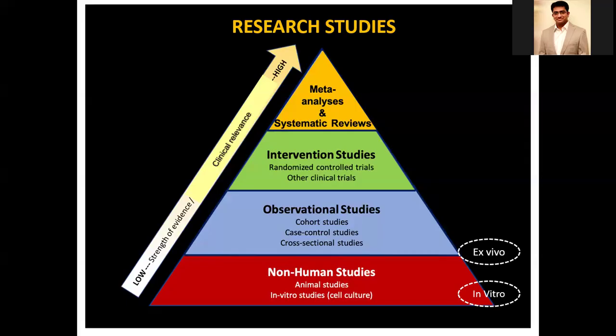Taking the same example, comparing GIC with my X experimental material, I can prepare some cervical cavities in premolars that we are planning to extract for orthodontic reasons. I can prepare the cavities and place the restorations, observe for a period of 1 month or 3 months, and then remove them.